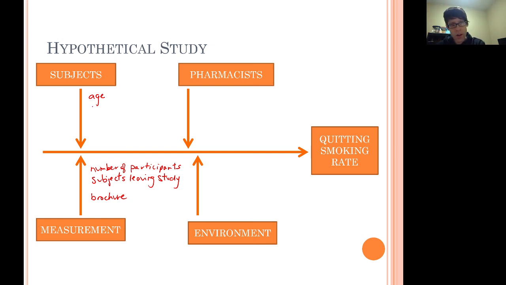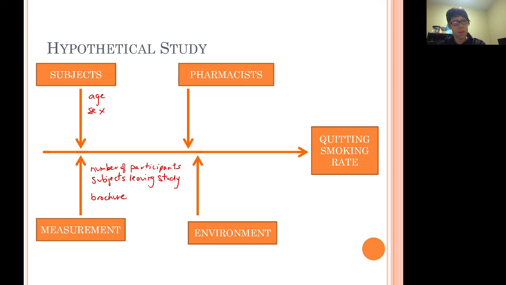And I also agree that potentially the sex of the individual could affect it as well, right? Whether or not they're male or female, those kind of biological things could have an effect on maybe it's easier for females to quit or easier for males to quit. I don't really know. But that could have an effect on our overall rate as well.